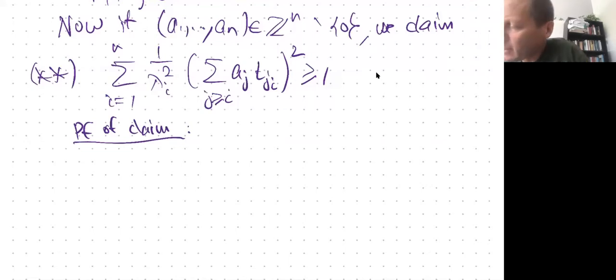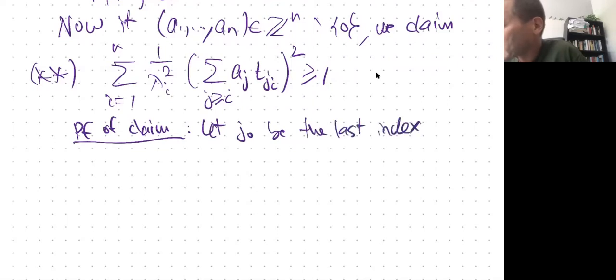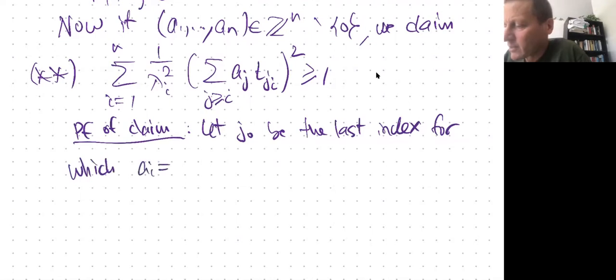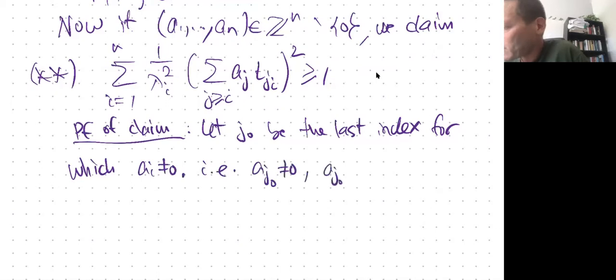So let j0 be the last index for which Ai is not 0, i.e. Aj0 is not 0, but Aj0+1 up to An are all 0.